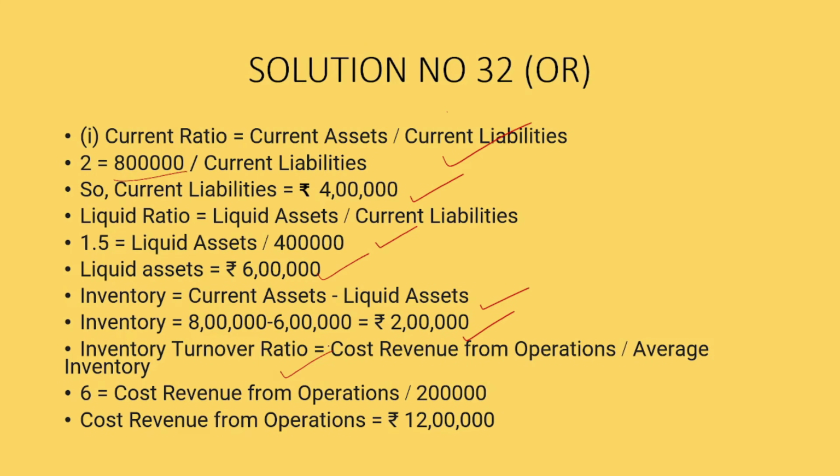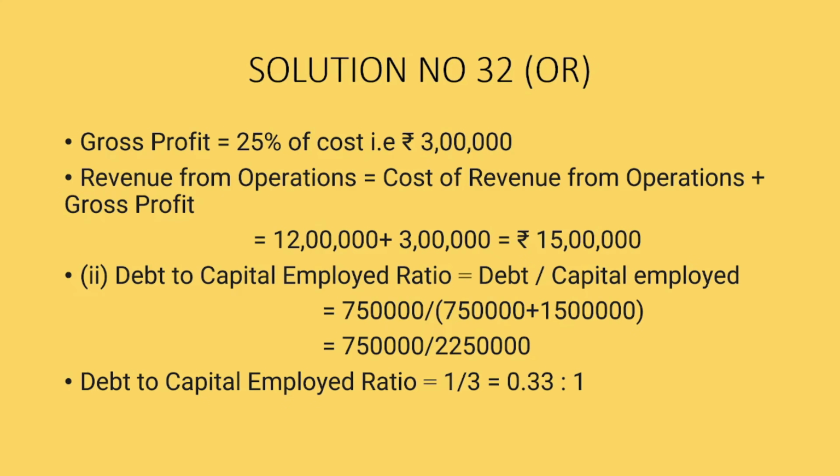ITR, that is the inventory turnover ratio, equals cost of revenue from operations by average inventory, that is 6 equals cost of revenue from operations by 2 lakhs, that is cost of revenue from operations is 12 lakhs. Finally, we can see that the gross profit equals 25% of cost, that is 3 lakhs.